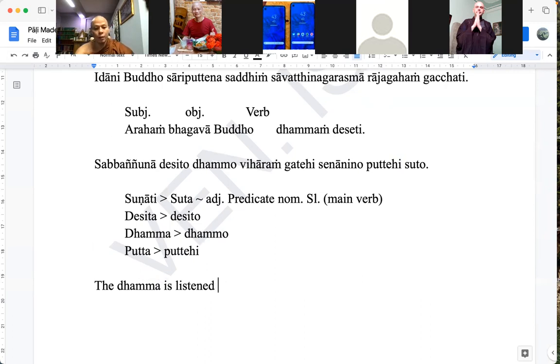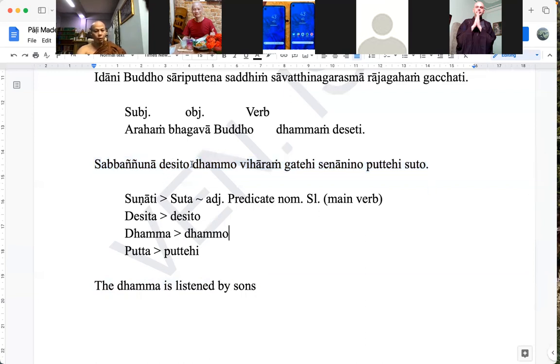So by the Buddhas, by the Buddhas. That is the main one. The Dhamma is listened to by the Buddhas. Just that. But the sentence is longer. Here you see, sabbaññunā desito dhammo vihāraṃ gatehi senānīnaṃ bodhehi sutto. How is it long in this way?